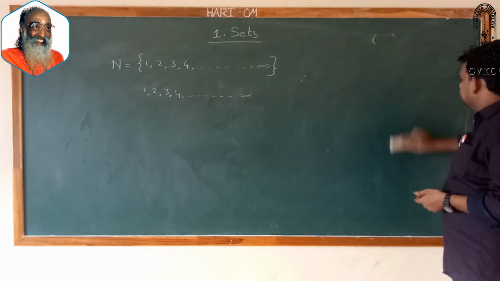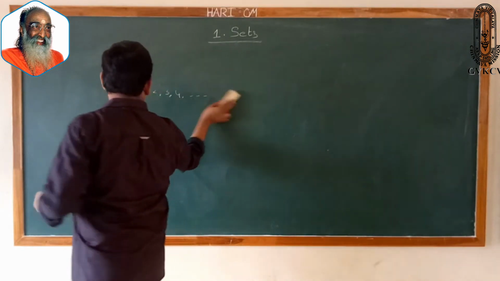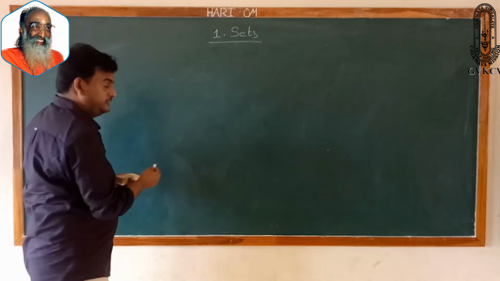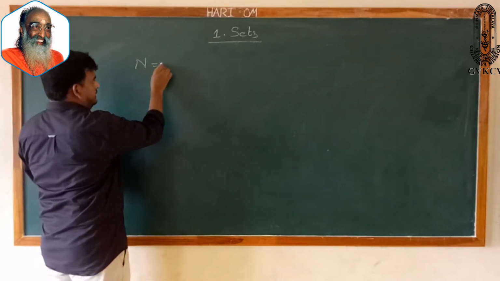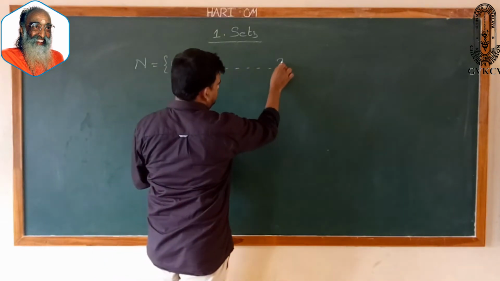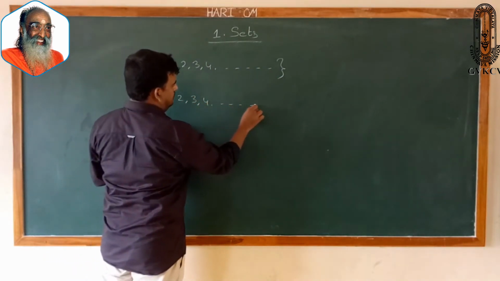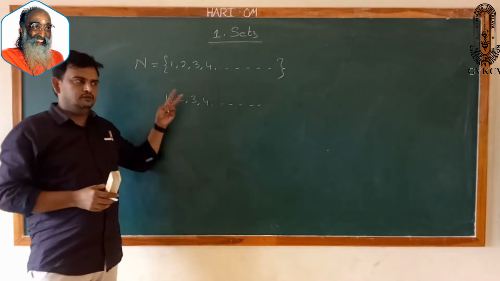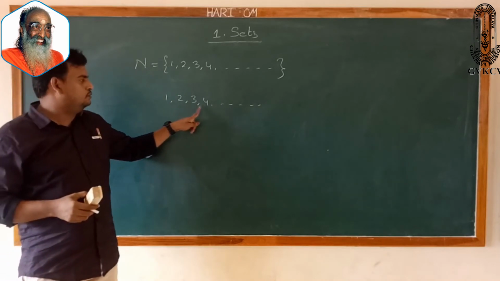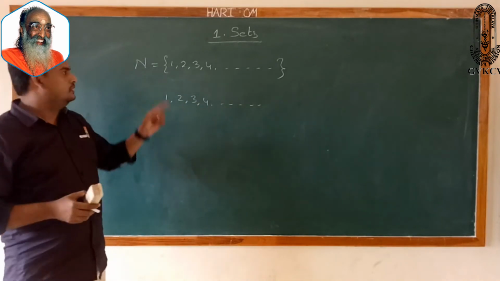So, for the definition of set, okay, now here the natural numbers I said, natural numbers 1, 2, 3, 4 and so on. Here 1, 2, 3, 4 and so on. So these two differences I need to tell you. Here 1, 2, 3, 4 are just called numbers.